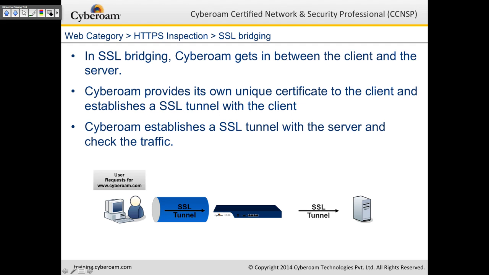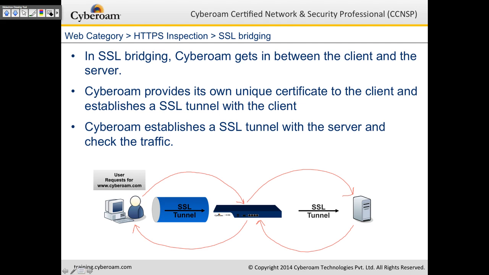The first thing you need to do in the user's browser is import the Cyberoam certificate authority, so that when the user initiates a communication with the server, it's Cyberoam which intercepts the communication, starts another communication with its own certificate to the server, and when the server responds, Cyberoam stops the request and sends the reply to the end user, since the certificate is the same as the user's browser.